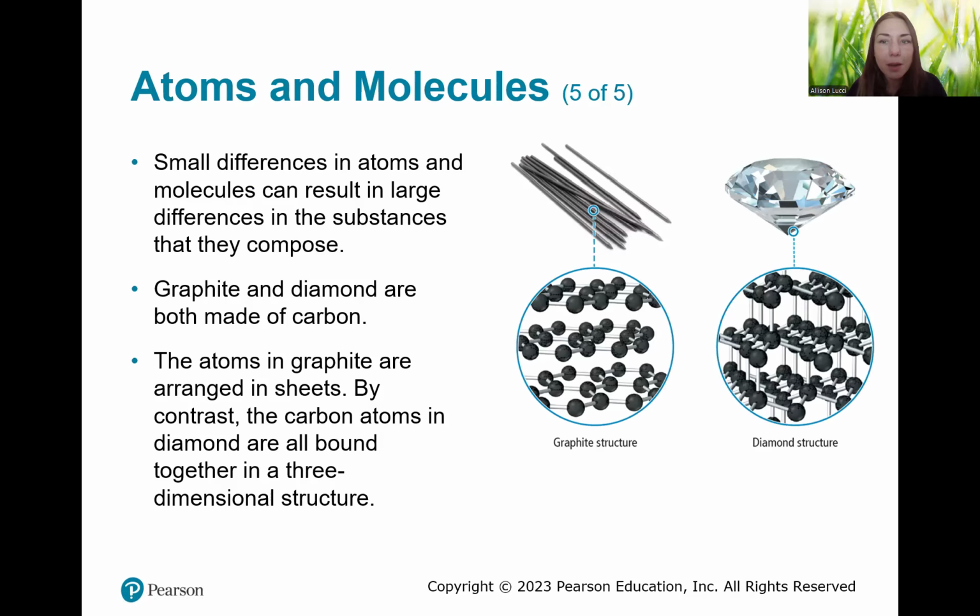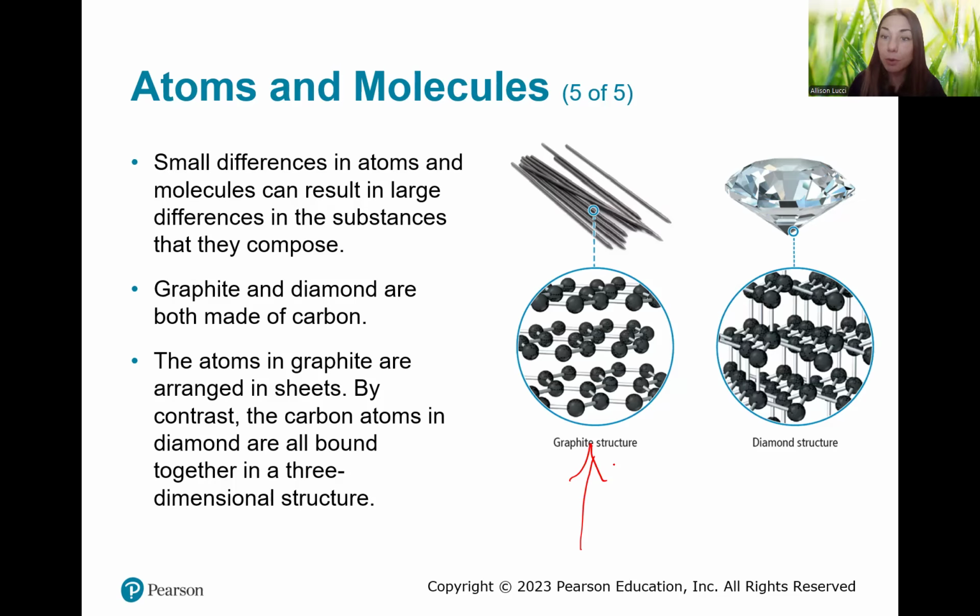Now we can see that we can have the same element and it can present itself in different ways. What we see here are different representations of carbon atoms. On the left-hand side, we see the structure of graphite. Those black balls that I mentioned represent carbon, and they are oriented in sheets so they can slip across one another.